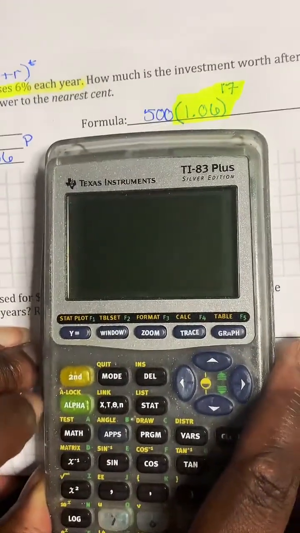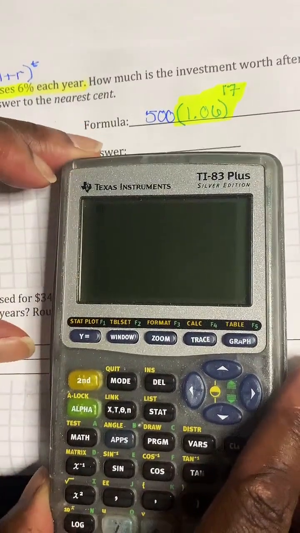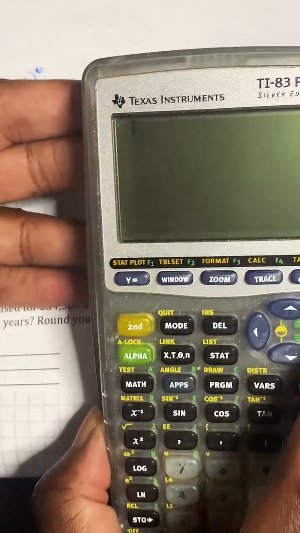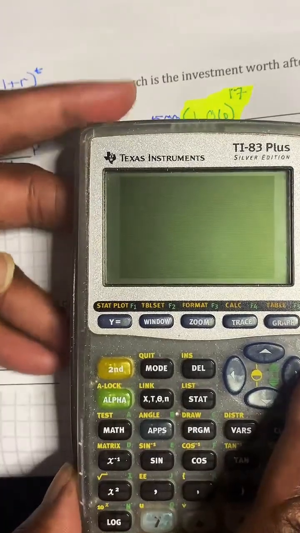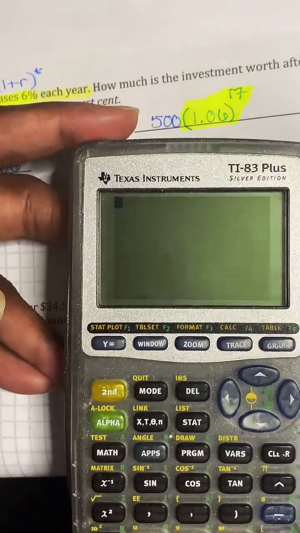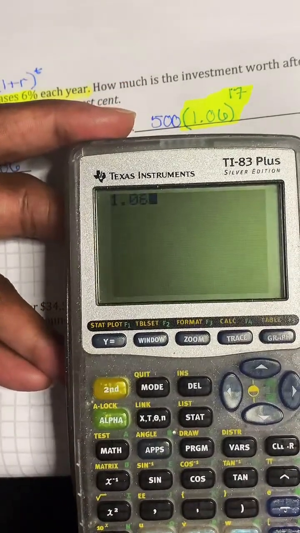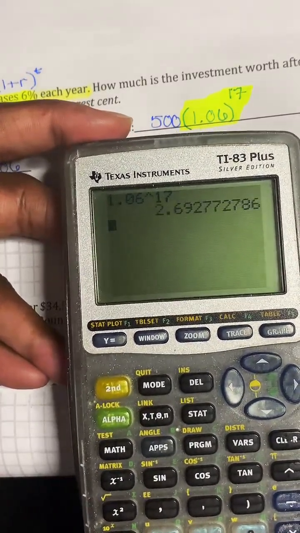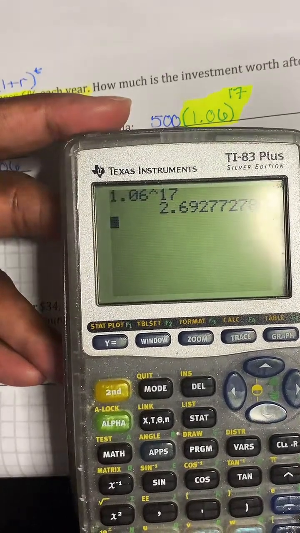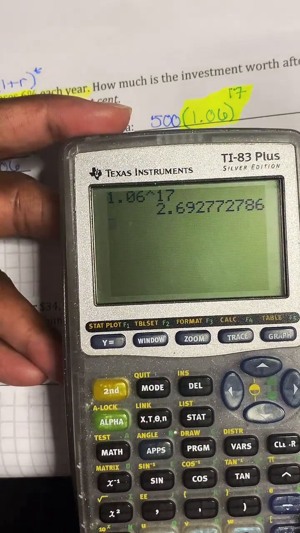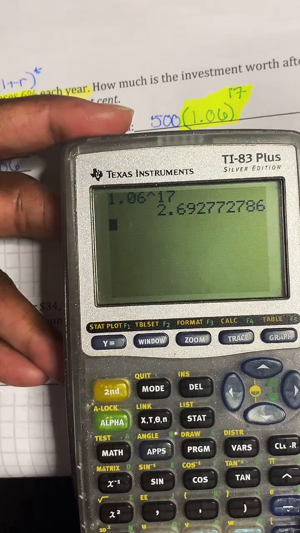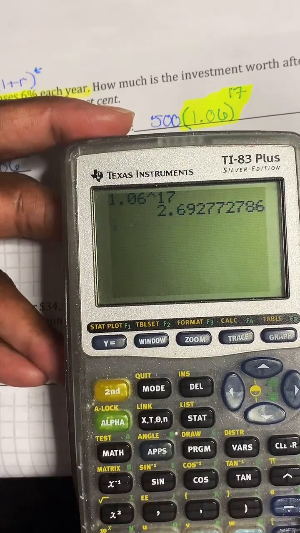Let me see if I can get it in here, or I might have to do it like this so you can see it in the light. Oh, there we go. All right, so 1.06 raised to the 17th power will give us 2.692772786.